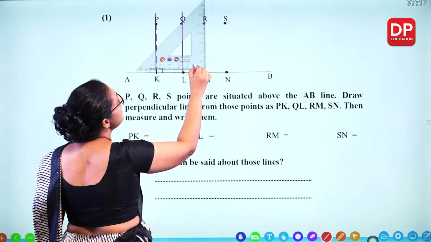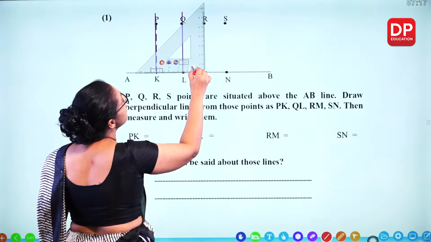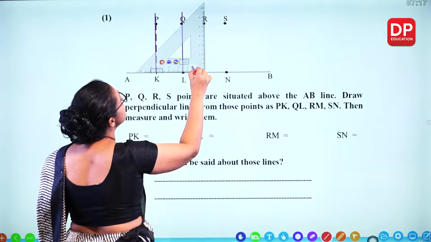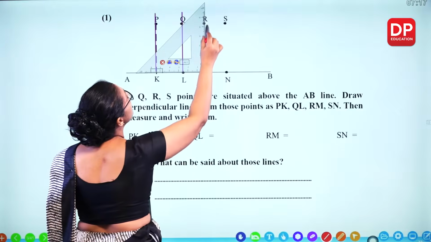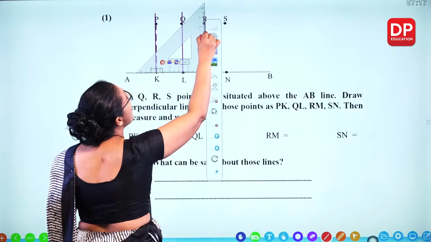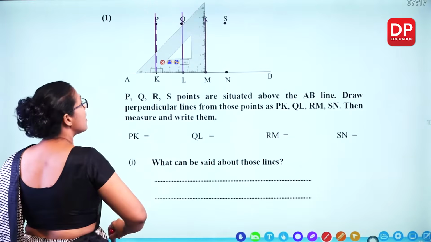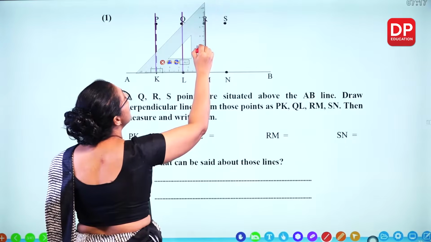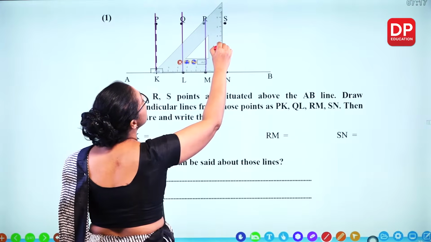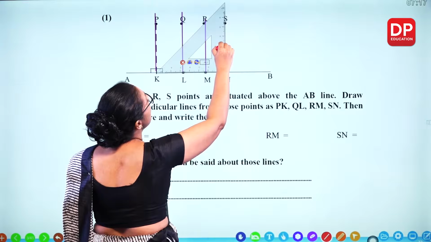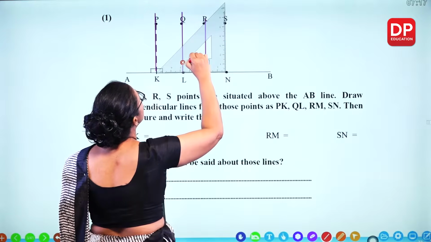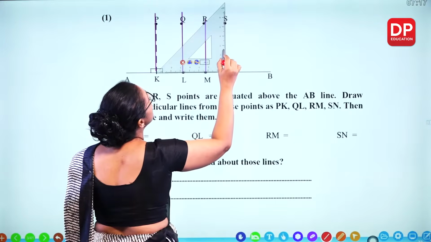And then again, you connect the other 2 points, R and M. Again, keep it properly and draw the other 2.